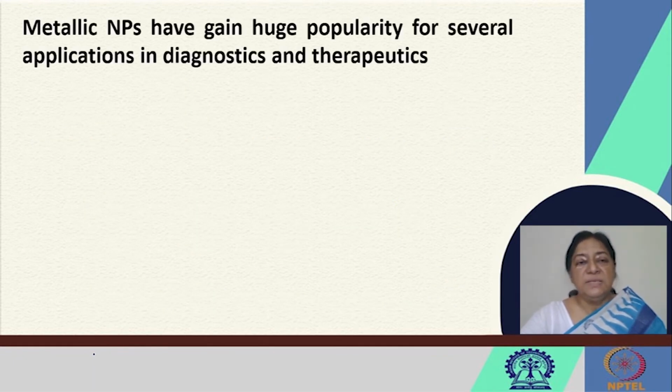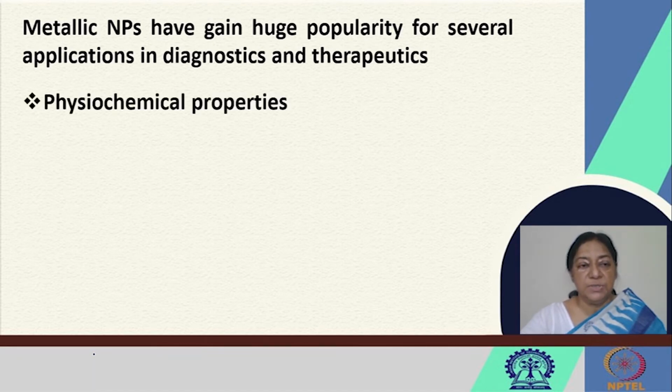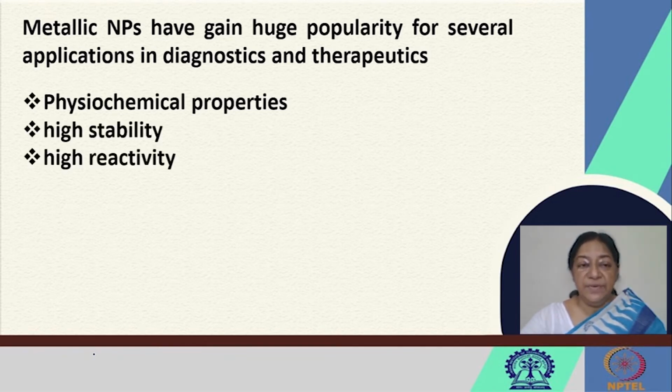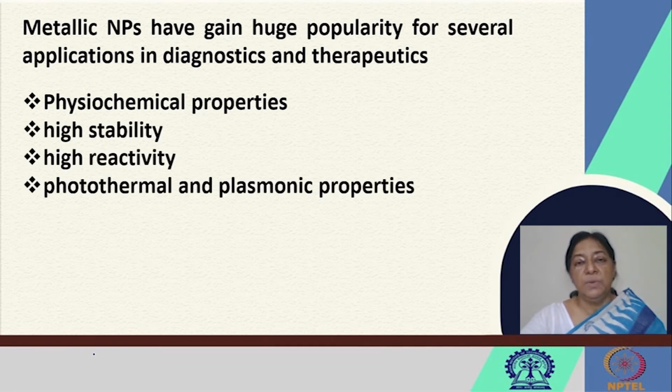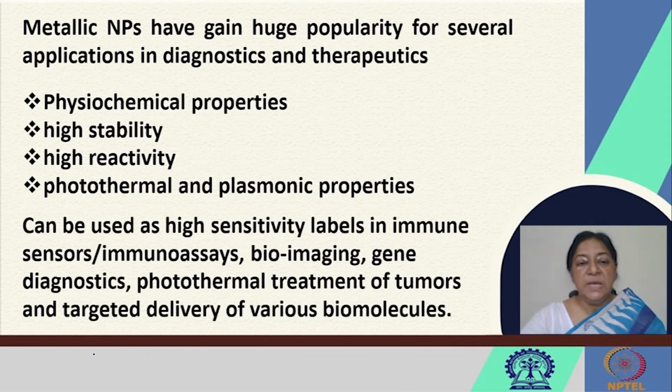Metallic nanoparticles have gained a huge popularity for several applications in diagnostics and therapeutics, where the concept of a protein nanoparticle interaction or an understanding is important. The properties that are exploited are the physical chemical properties that have high stability, high reactivity, and photothermal and plasmonic properties.